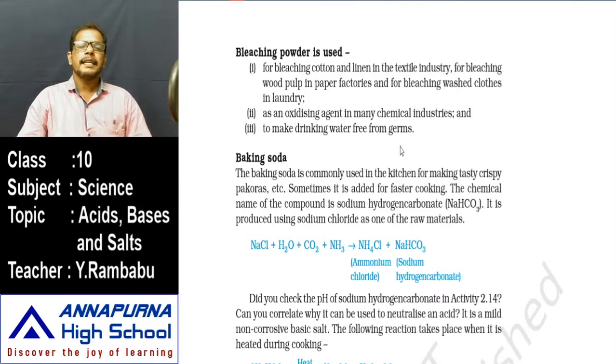And not only that, it is used as an oxidizing agent in chemical industries. What is an oxidizing agent? It is the substance which supplies oxygen in an oxidation reaction. Bleaching powder is also used as an oxidizing agent.